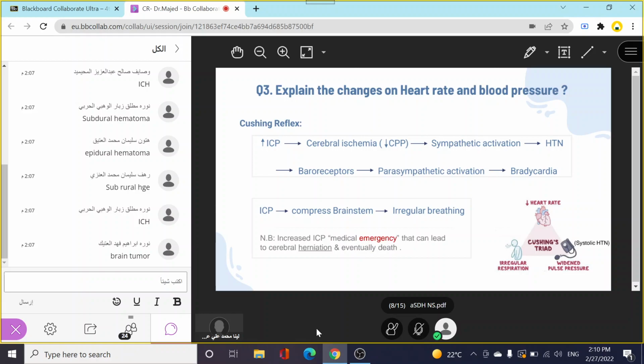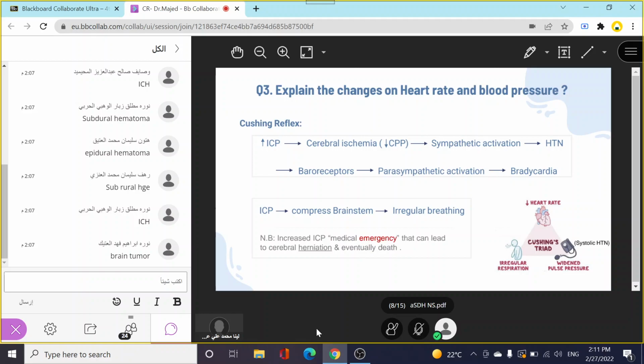So, the third question is to explain the changes in the heart rate and the blood pressure. The patient was bradycardic, as we have mentioned, and having hypertension. So this is simply explained by something called the Cushing reflex. And this Cushing reflex occurs due to an increase in the intracranial pressure.